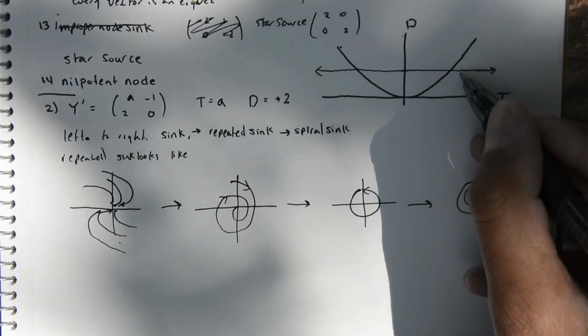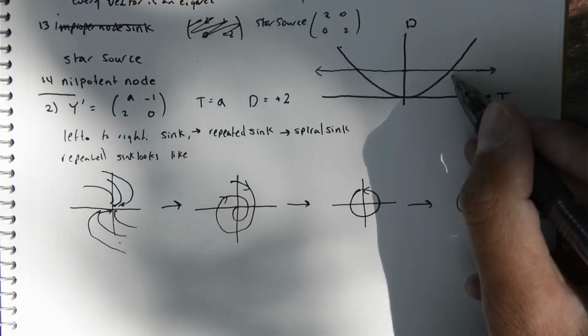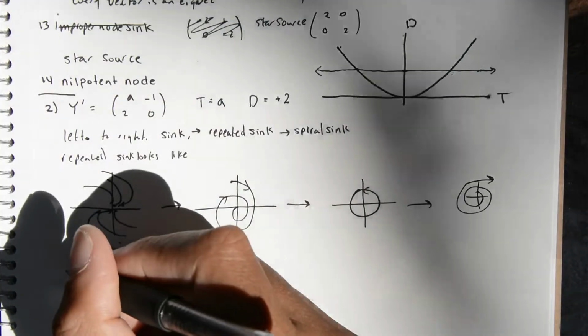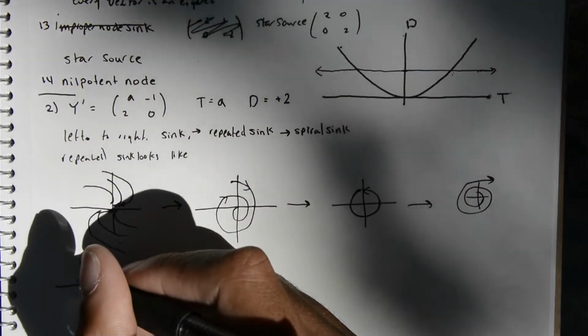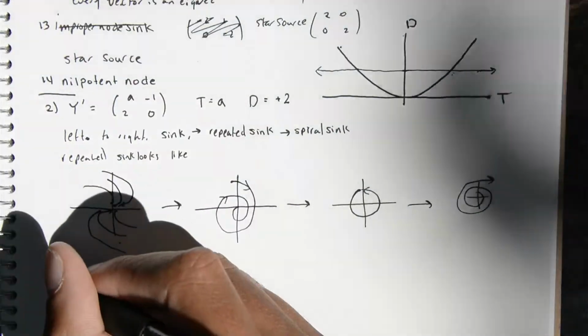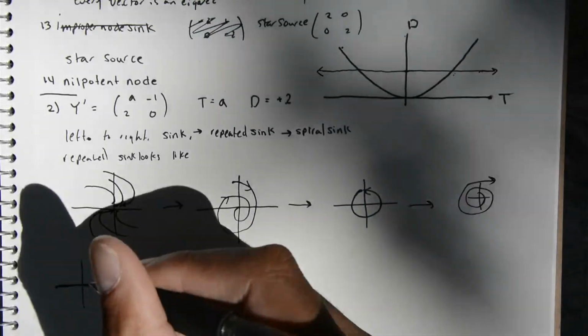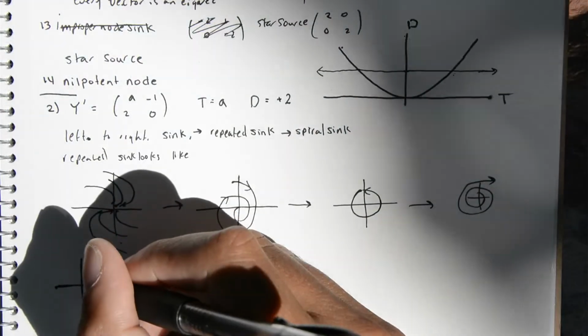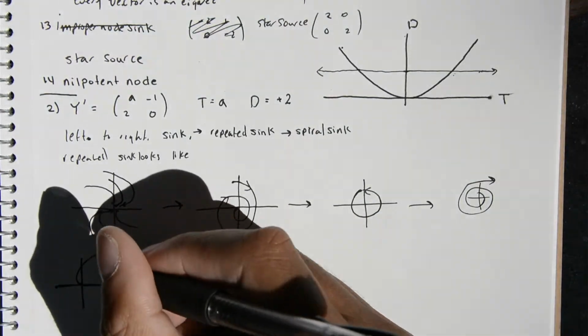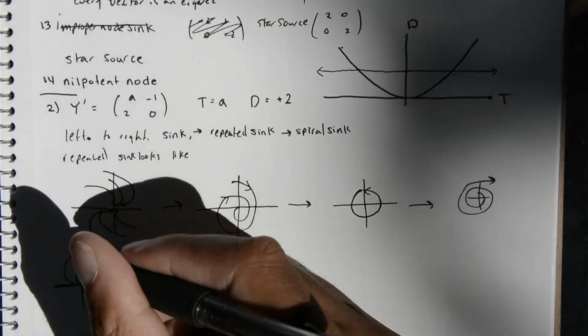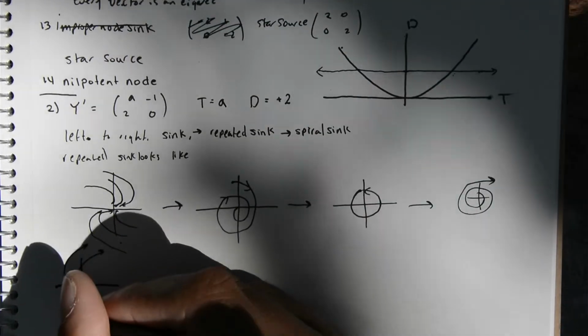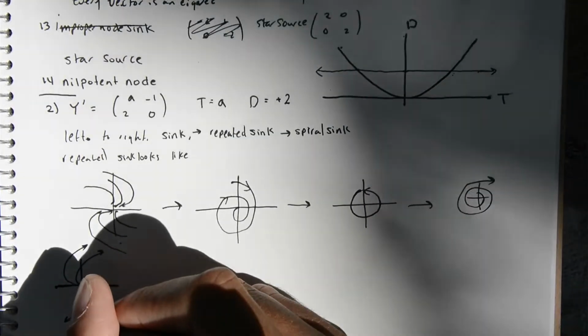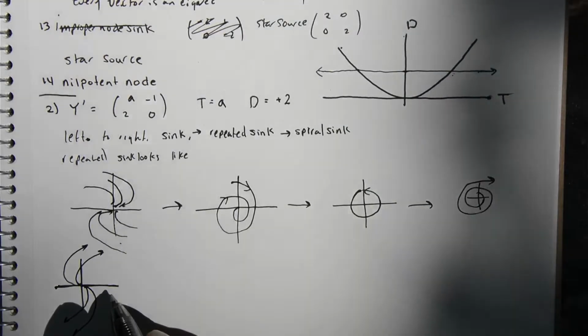another repeated root. What's the difference between these repeated roots? That this one is a source. So then we're going to get, let's say that like this is the eigenvalue. Then we're going to get like, but eventually they become tangent.